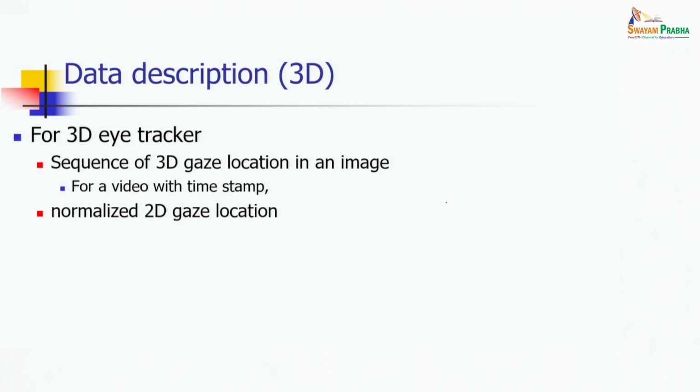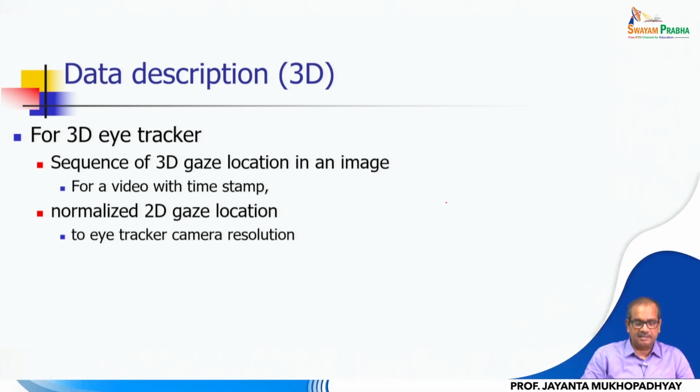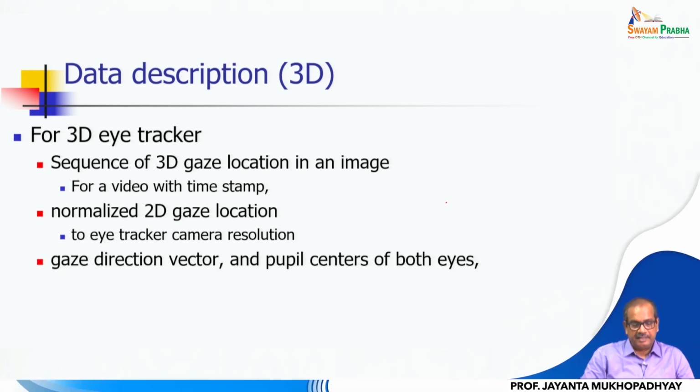We also can get the normalized 2D gaze location, that is, from the eye tracker in camera resolution, and then we get the gaze direction vector and pupil centers of both eyes. These are certain pieces of information from a 3D eye tracker, and there are even video eye trackers which perform these operations at a higher rate, at every frame, and these are egocentric video.